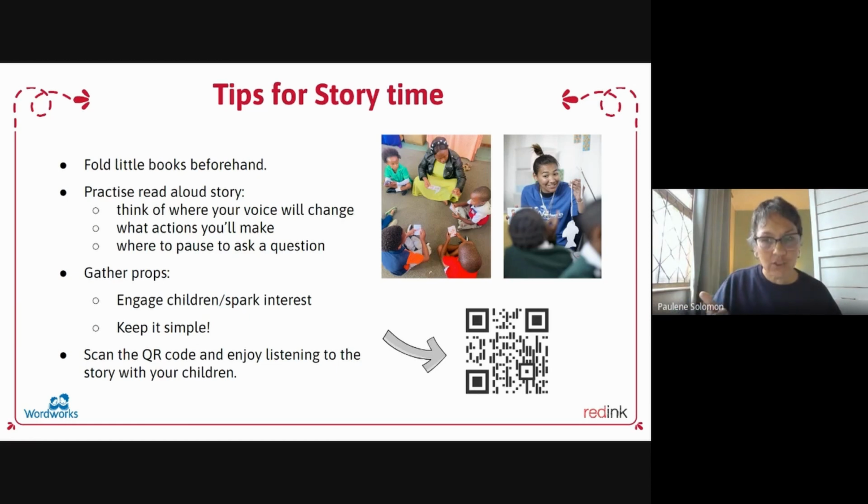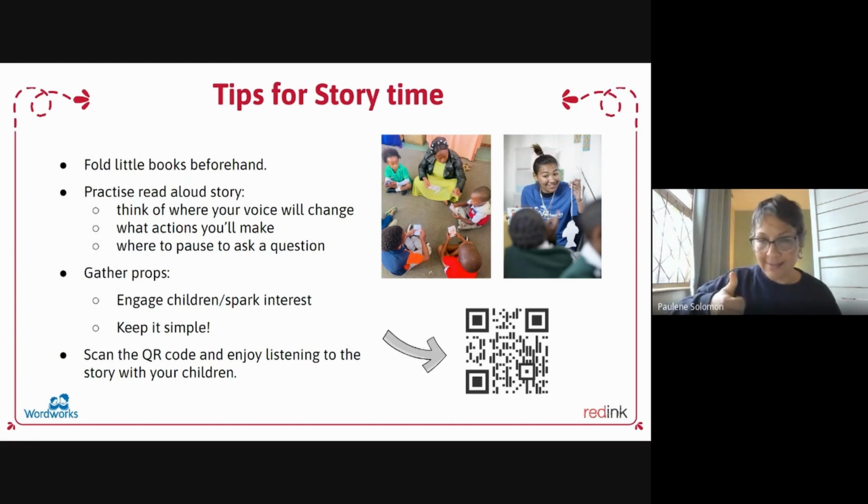Now, that's the second tip. So the first one is read the story, get prepared for it. The second tip is gather a prop. And the third tip is that some of the stories in the pack have got a little code on it like that. In fact, every week there's a code on one activity. And we will keep encouraging you, if you don't have a scanner, you can find out how to load a scanner. It's in the guide.